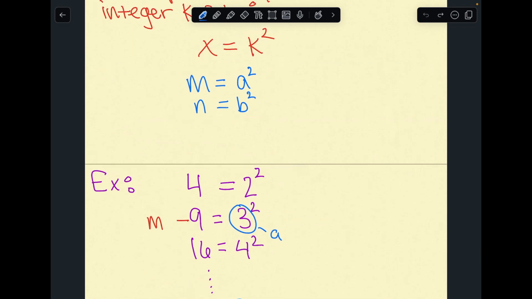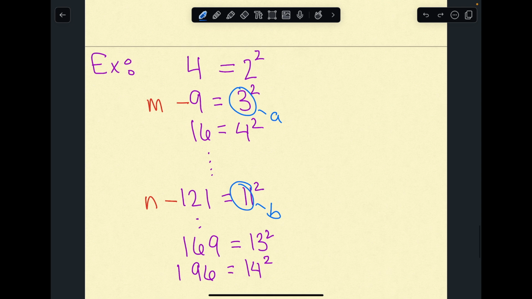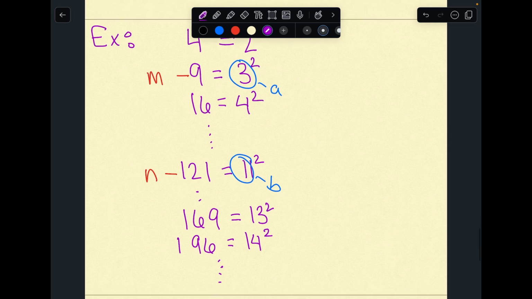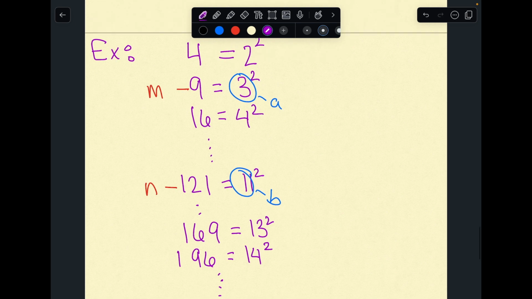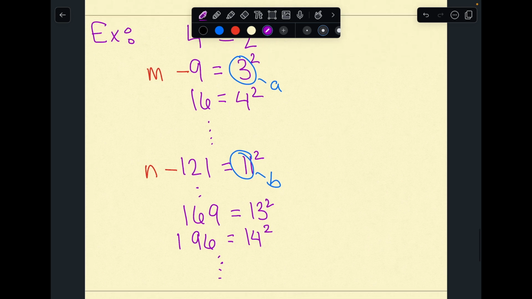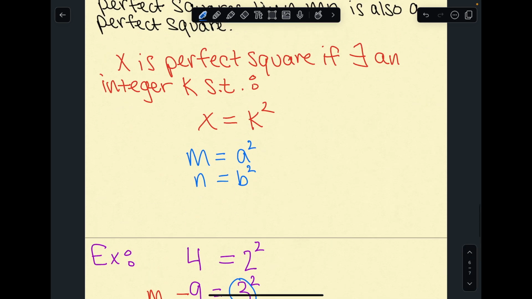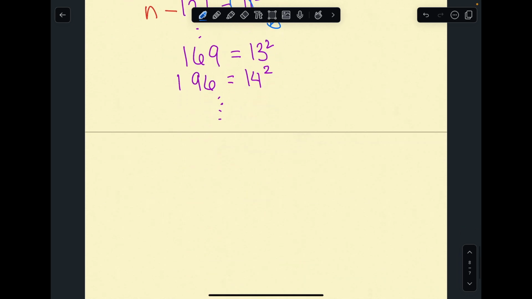Sticking with the definition here. So visually, this is what the definition looks like. And of course, this continues forever, but we're not going to write every single perfect square for the sake of time. So now that we're familiar with the definition of a perfect square, we can begin our proof. And we start the proof by stating the definition.